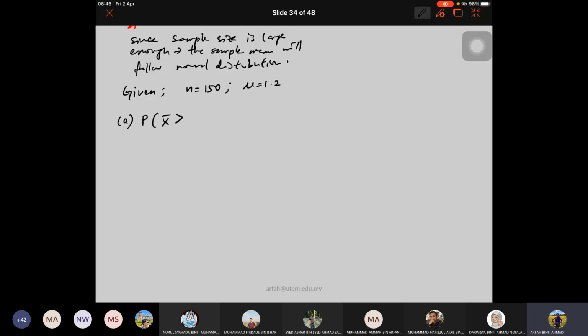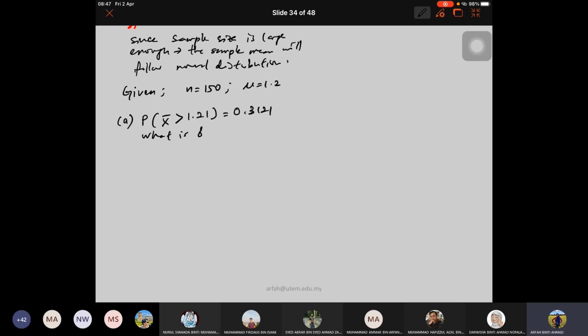Okay. So ini adalah yang dia berminat. So dapatkan apakah dia punya standard deviation. Okay. So what is sigma? Okay. So kalau awak tengok probability of X bar greater than 1.21 sama dengan 0.3121 dia bagi.